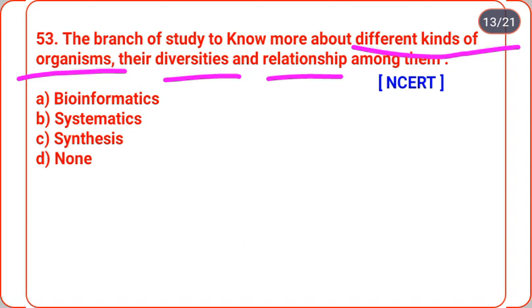We can say these branches: option A, bioinformatics; option B, systematics; option C, synthesis; option D, none.